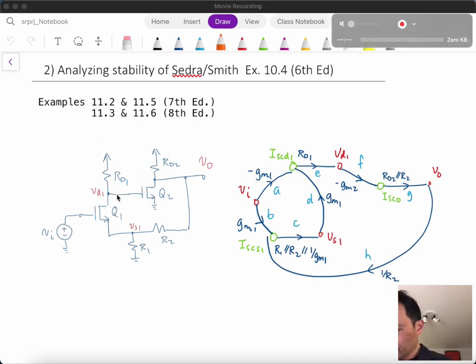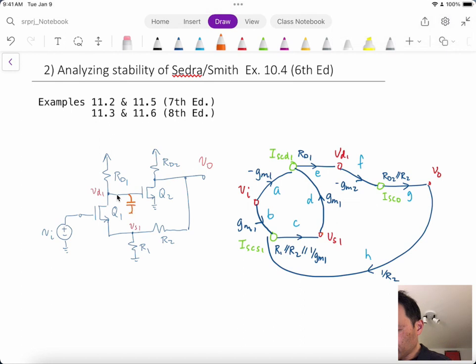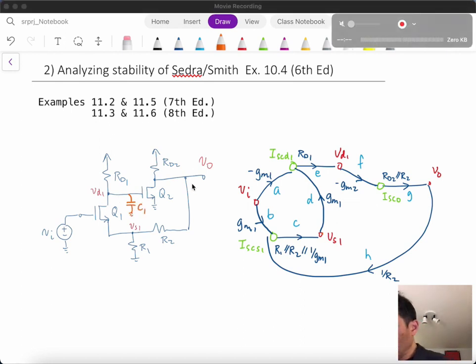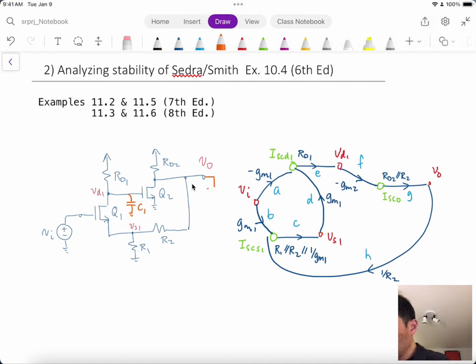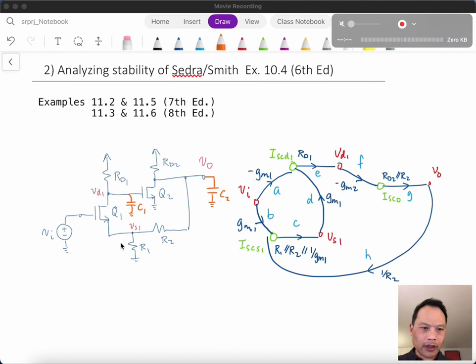So here, let's call it capacitor C1, another one at the output, capacitor C2, and then there's one on the source, capacitor C3.